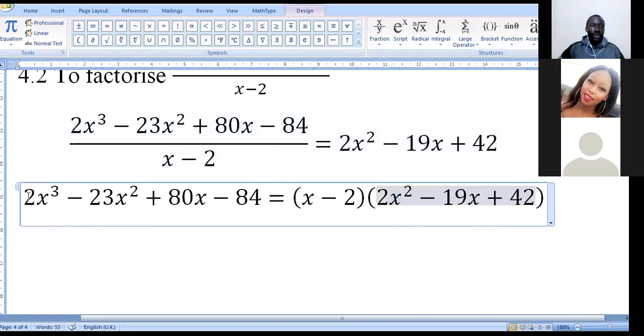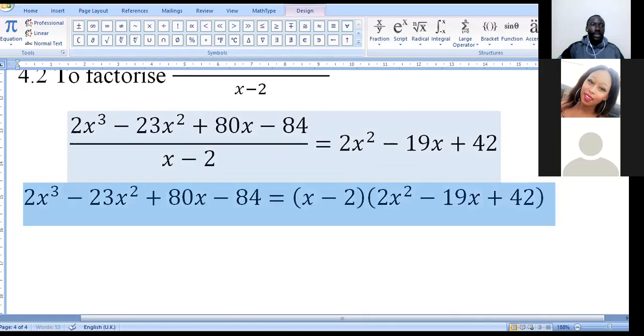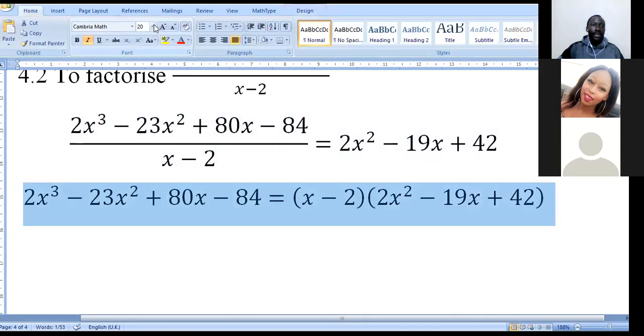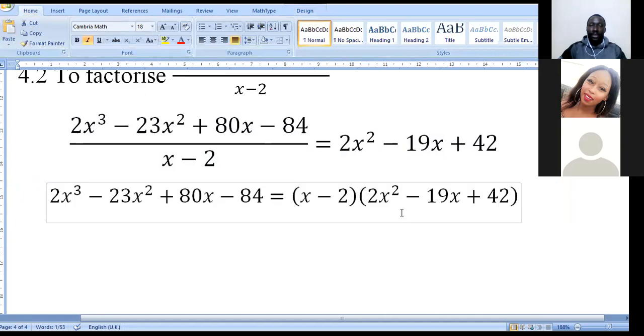And just try to reduce the font size slightly so that it can fit well there. Yeah, so this is what we have got. Can we go ahead to factorize this? Yes, we can go ahead to factorize this quantity here. And let's do it.